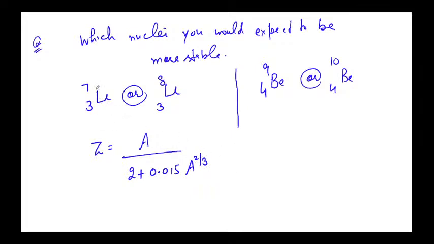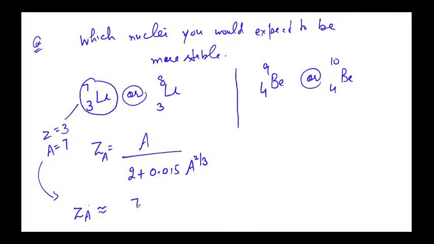In the first case, Z is 3 and A is 7, so what equation do we have? We can find out Z stable, ZA, to see which is more stable.